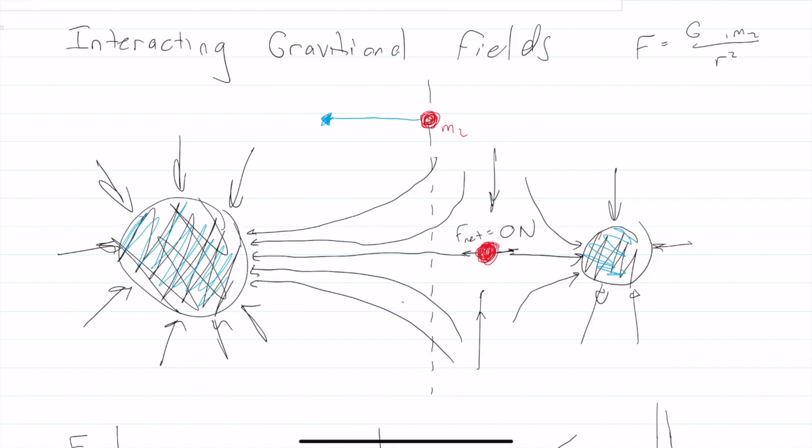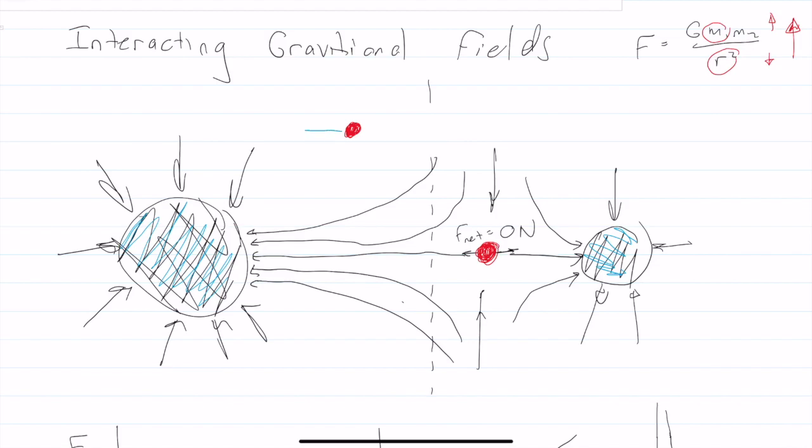Let me delete this. What happens if we put the mass to the left? Once again, now I've decreased the distance, so I've decreased r, and I've increased m. My numerator is getting bigger and my denominator is getting smaller, so overall I am getting a bigger force.